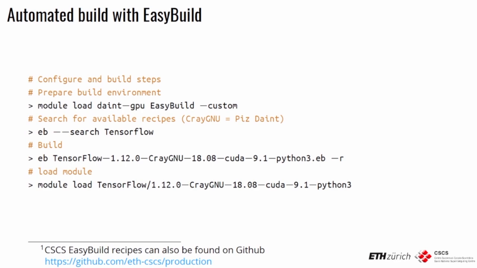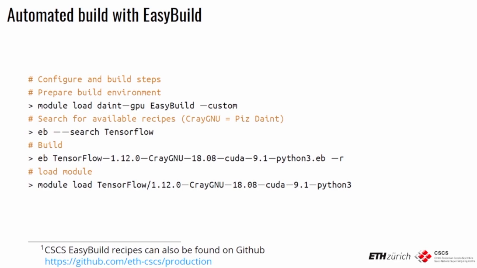And these recipes are available also for you as users. So you can search for the recipes, and if you need a new version or a different flag, you don't need to tweak all the options. You can just take one recipe and change the flag that you need, and you can build the whole TensorFlow package, including the dependencies, using one command line.